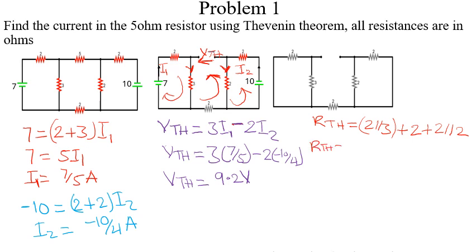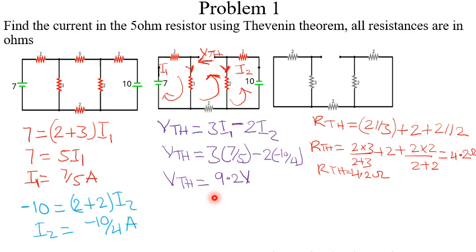RTH here is equals to 2 times 3 all over 2 plus 3, plus 2 times 2 all over 2 plus 2, which is equals to 4.2 ohms. So we now know our RTH as 4.2 ohms.